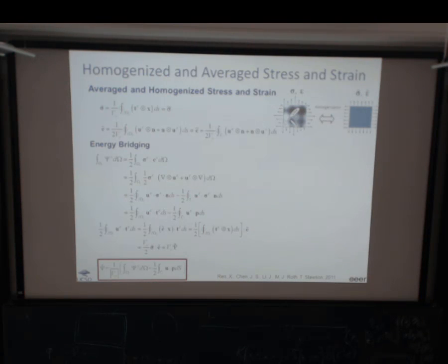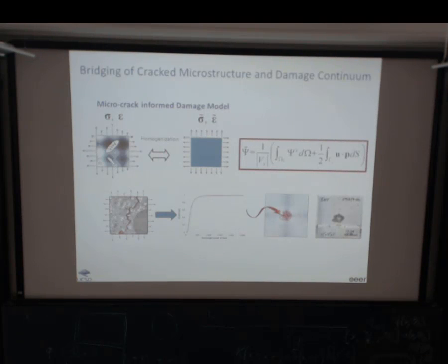Okay, so what do we do with this relationship? If you have this relationship, then what I can do conceptually, I'll get into the details, but conceptually, I will take a microstructure, a representative volume of the material, with some cracks in there. I will then apply some stress or some displacement or some strain on the surface of the microstructure.